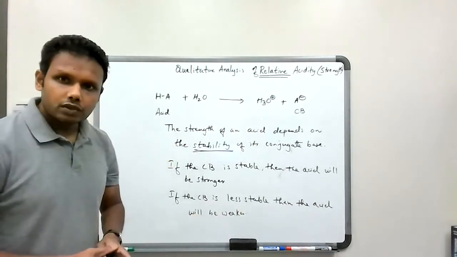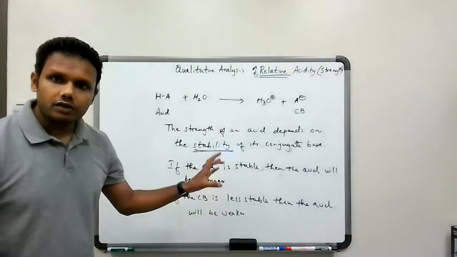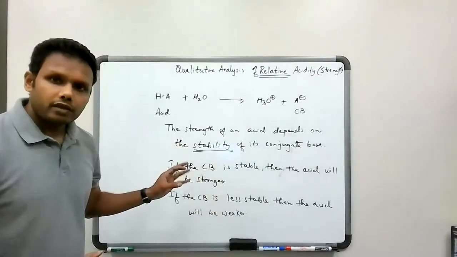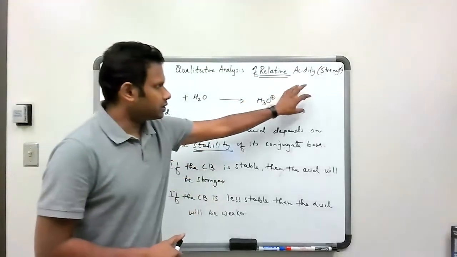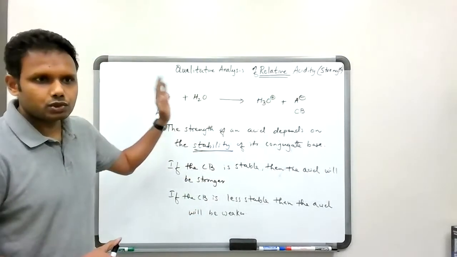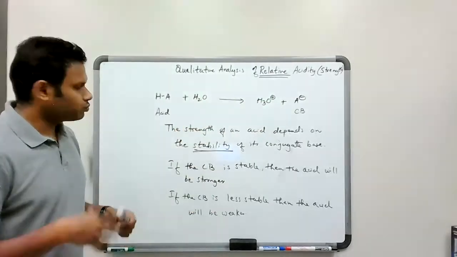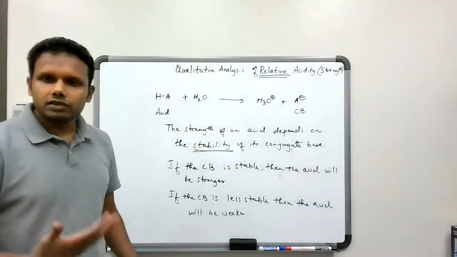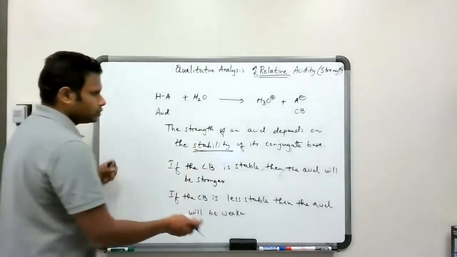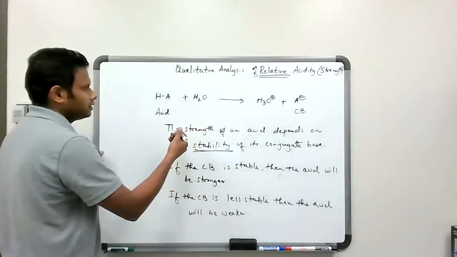So the stability of the conjugate base determines the strength of the acid. If the conjugate base is more stable, then the acid is going to be stronger. If the conjugate base is less stable, then the acid is going to be weaker. So let's introduce another acid here.